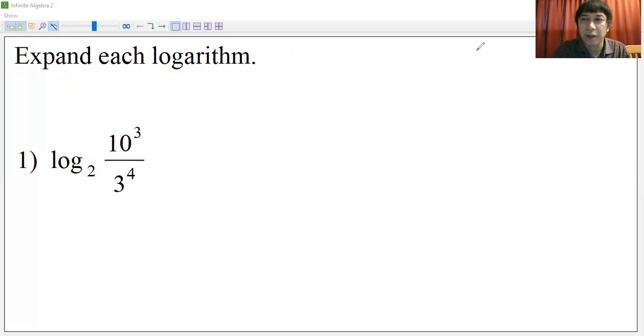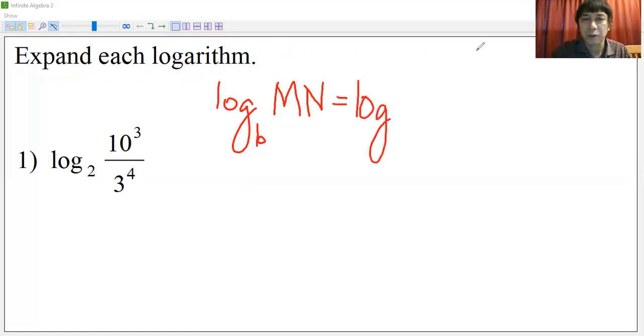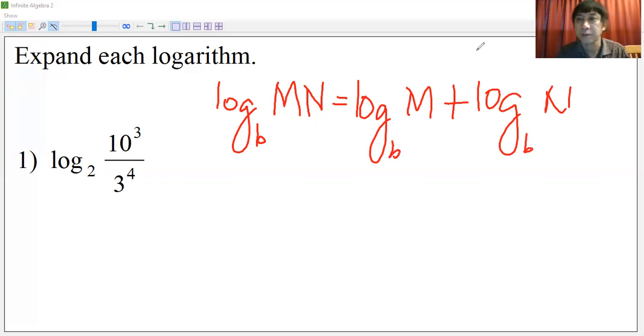So if you have a product of two numbers m and n, base b, then you can expand this into this formula: logarithm of m plus logarithm of n for the same base b, like this.